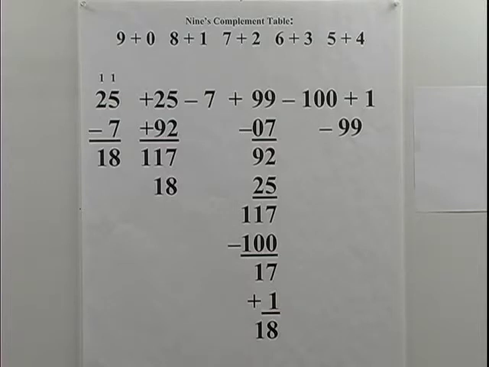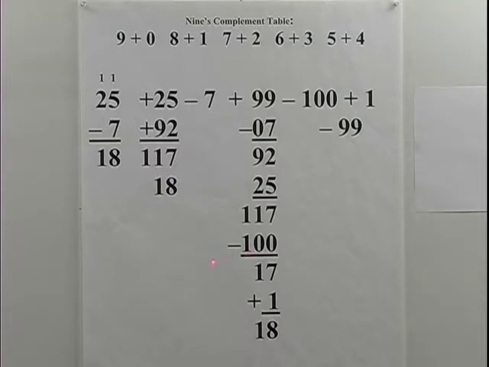So in the 9's complement procedure, I will take the 9's complement of 07, which is 92, put it over here, and I'm going to add it to the minuend. When I do that, I get the same number, 117, same as here. Now this step here, where I subtract 100, and I get 17, and then I add a 1, and I get 18, is the same as taking this leftmost digit, which will always be a 1, and adding it to the rightmost digit, 7, and you will get 18.